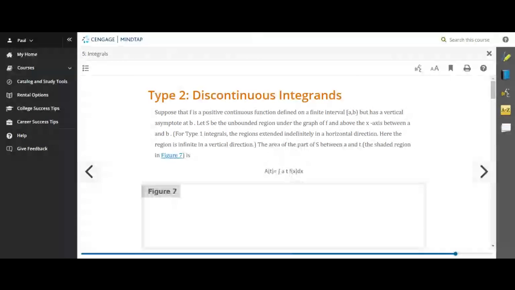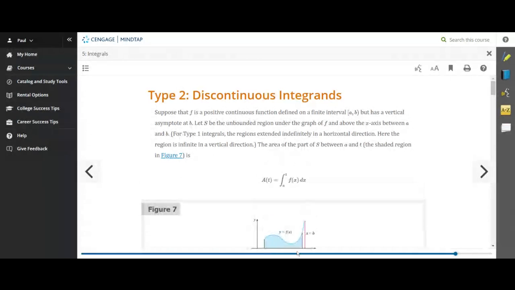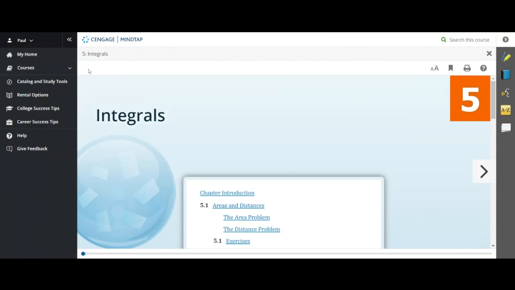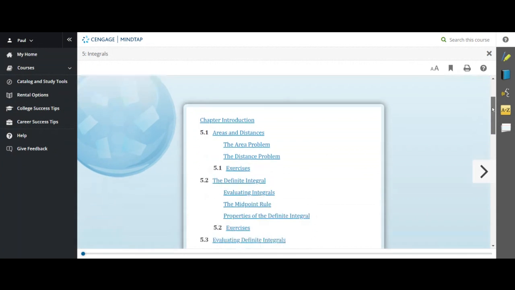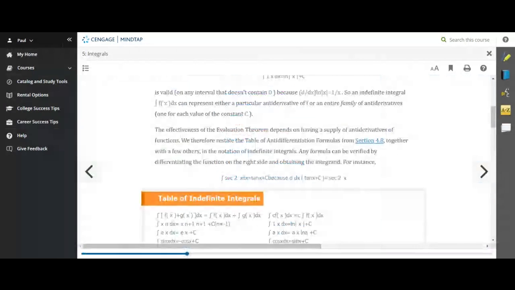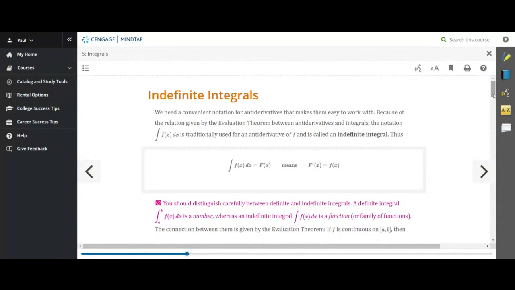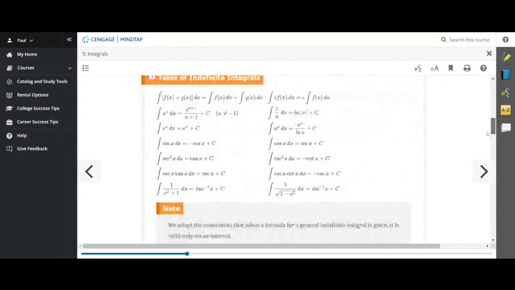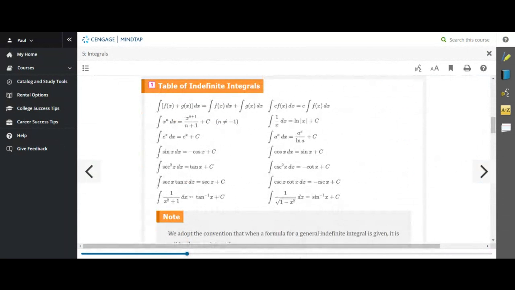I want this on the recording. Let me go to section 5.3. And here is the table of indefinite integrals.